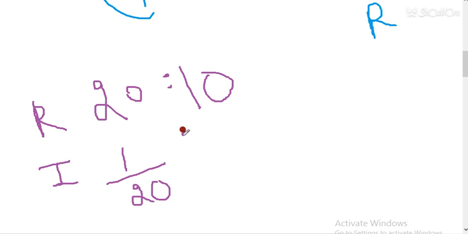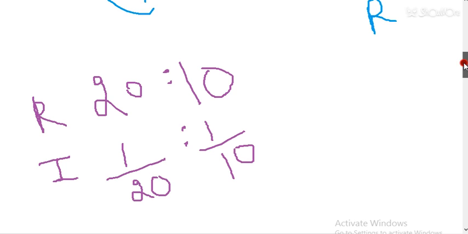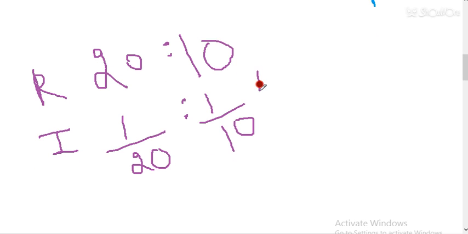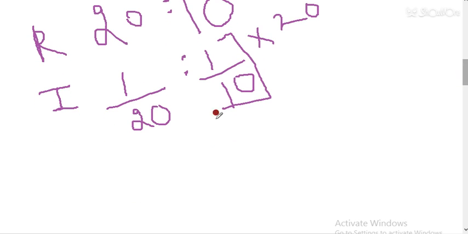So here 1 by 20 and here 1 by 10. If I multiply with 20, that is the LCM of 10 and 20, I make the ratio simple. So students, whenever we have two resistances, the ratio of current through them will be opposite. 2:1 is the resistance ratio, so 1:2 will be the current ratio.